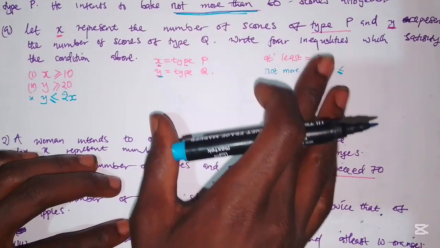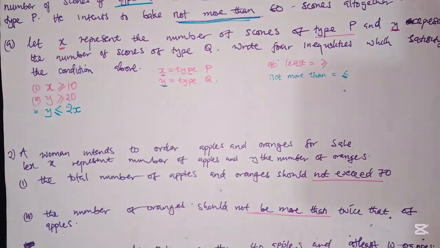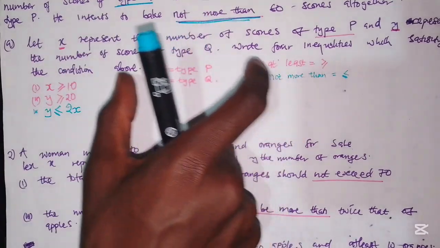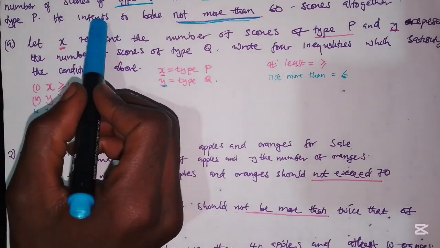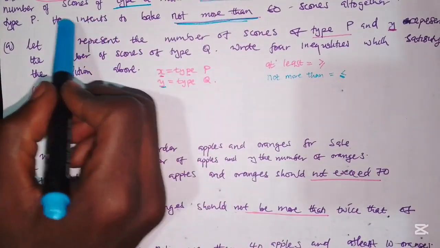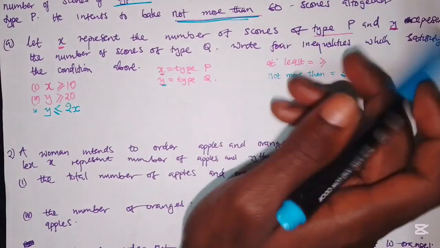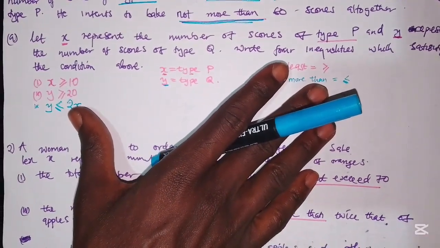Now let's look at the final one, which is not more than. How can you represent it when a question comes like this? It says he intends to bake not more than 60 scones altogether.